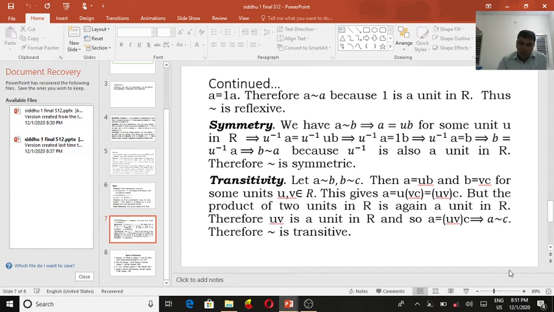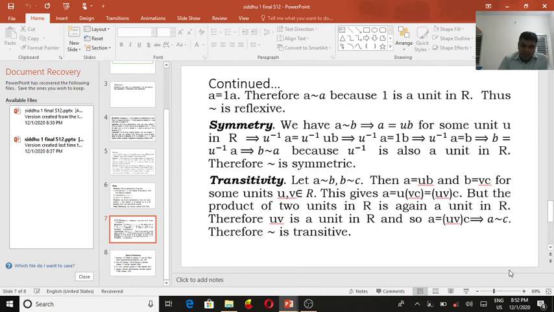So multiplying throughout by U inverse: U inverse A equals U inverse U B, which is 1 into B. So we can write B equals U inverse A. The inverse of a unit is a unit. So B tilde A. This is the symmetry property, so tilde is symmetric.